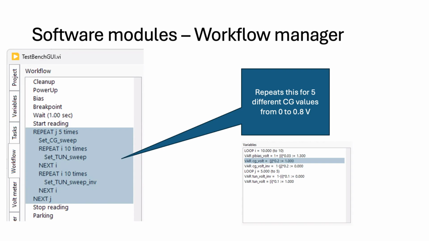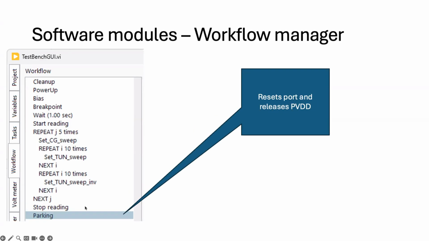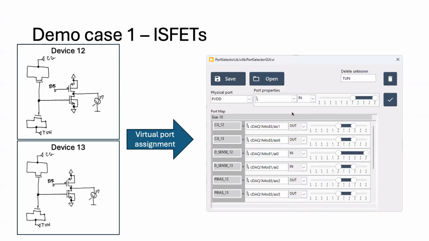But I will show you the graphs soon. Okay, and at the end, we have this parking task, which resets all the ports and releases the PVDD voltage from the test circuit. So let's see a demo.